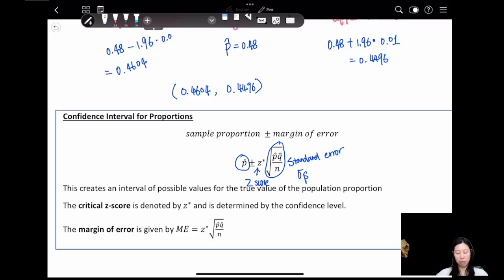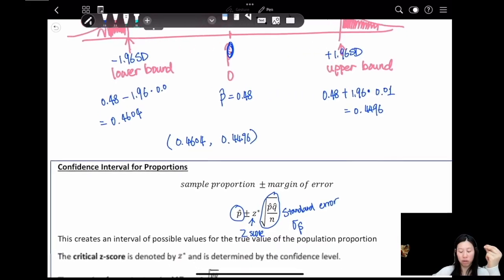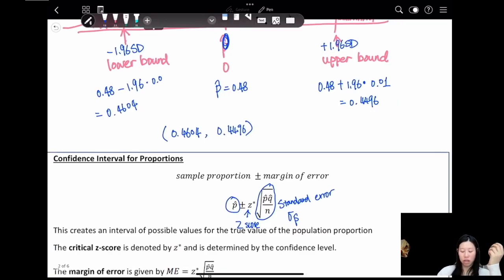Remember, this is basically trying to create a fish net and tells you how much of a percentage chance you have to catch the fish with this fish net. By the previous, we know that if we want to have a 95% chance to catch the fish, which is our p hat, we want the z-score equal to positive and negative 1.96.